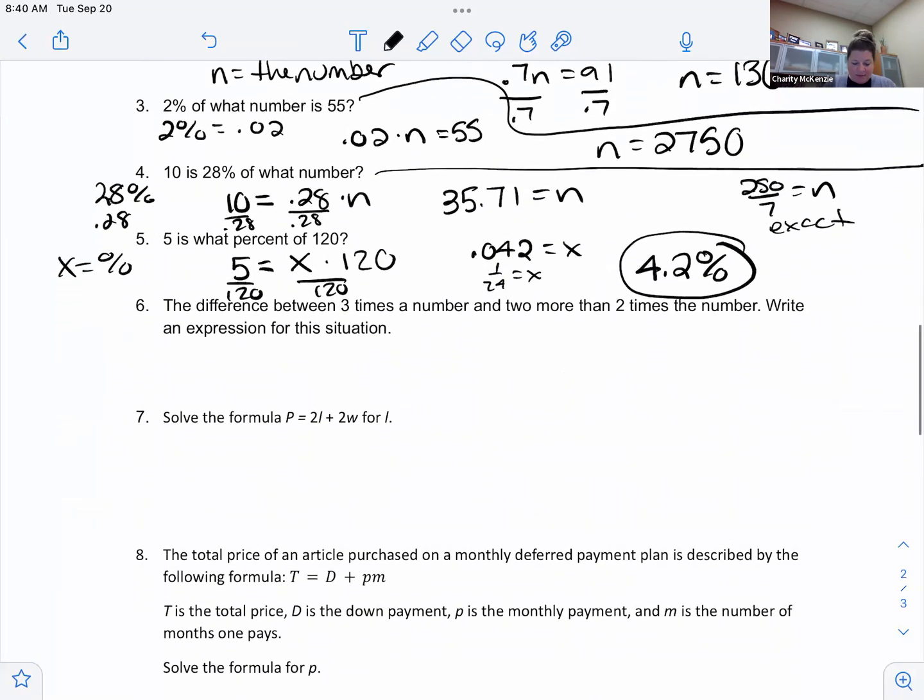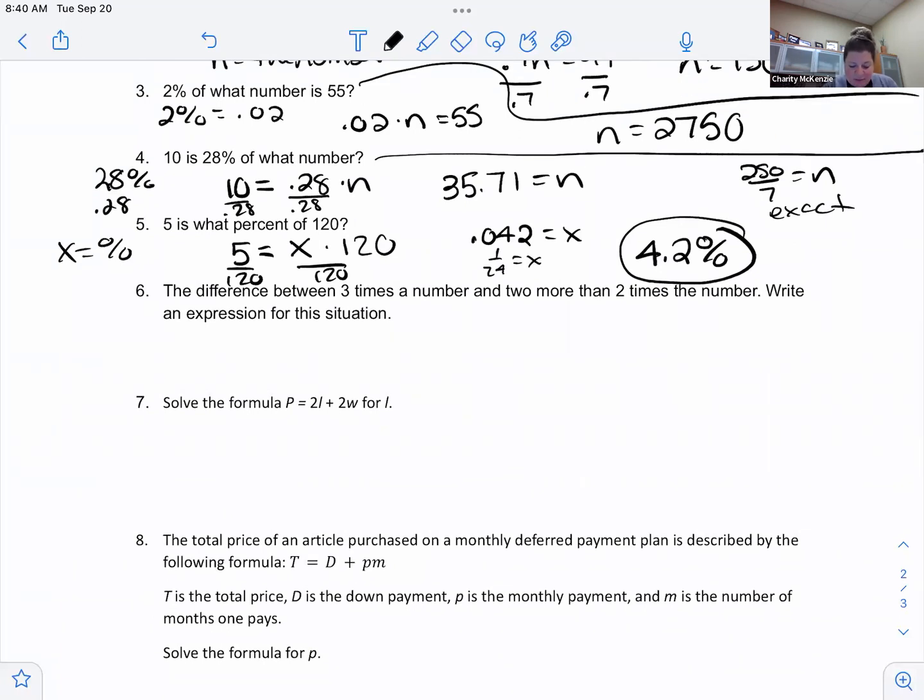All right, number 6, the difference between 3 times a number and 2 more than 2 times the number. Okay, so the difference between 3 times a number and 2 more than 2 times the number. Wow. Okay, the difference between 3 times a number and 2. Let's just start with that.